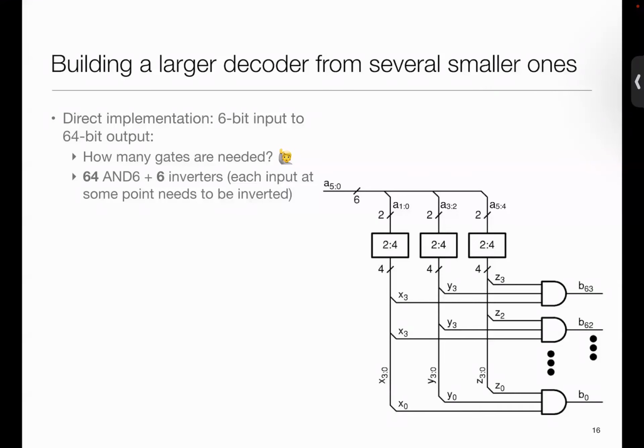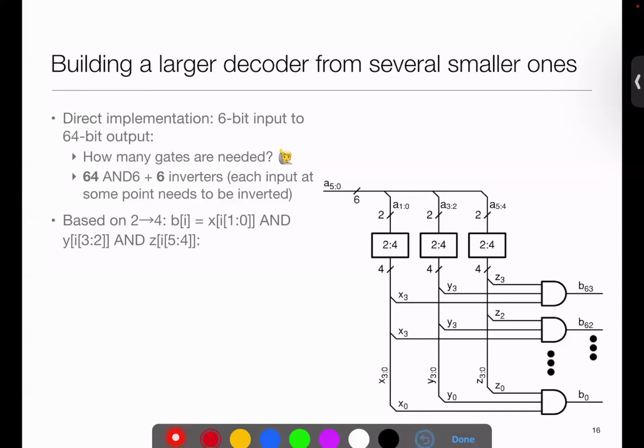How many gates do we have here? Let's check that. Using this implementation using 2 to 4 decoders, I need 64 AND gates, but they are of 3 inputs each. And I need 3 2 to 4 decoders.